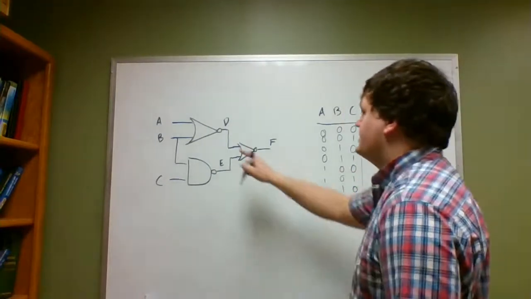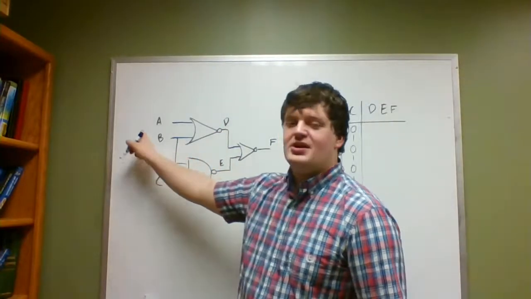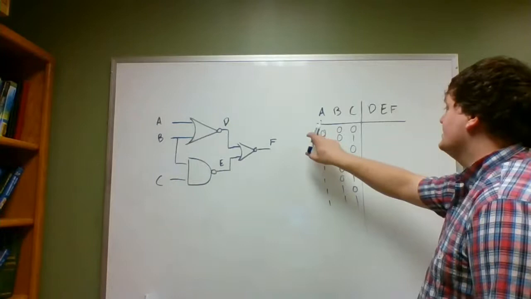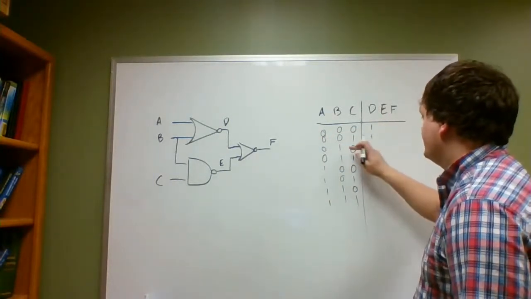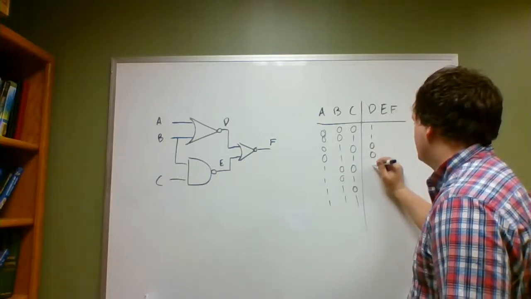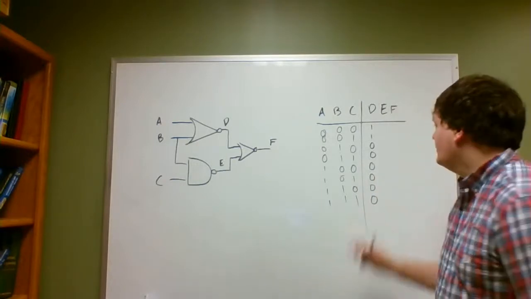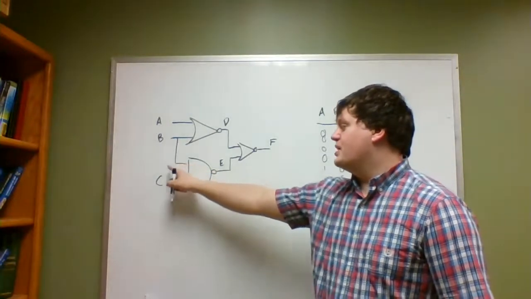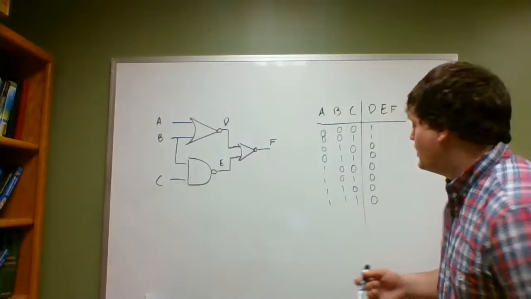Okay? Now, D is only on if both A and B are off. So here, if A and B are both 0, D is 1. If either one of them has a 1 in it, it's 0. E is now here, if both B and C are on, E is off. Otherwise, it's on.